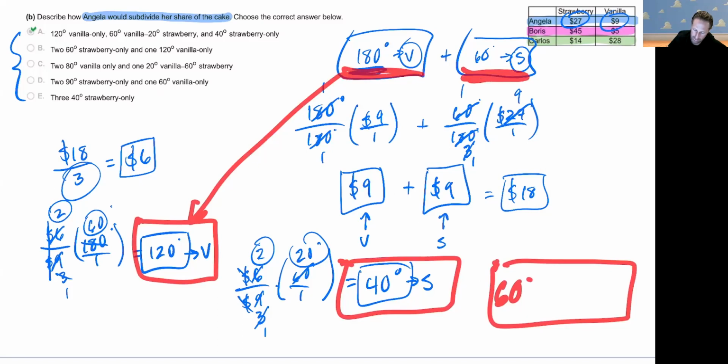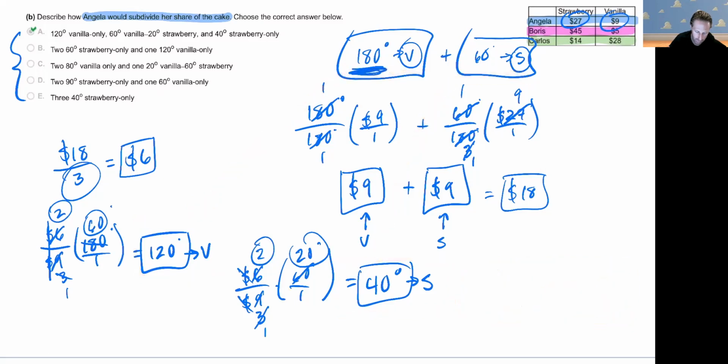And then since we have 60 degrees and we took 40 of the strawberry, it would be plus a 20-degree slice for the strawberry and vanilla, which you can see that would have been part A, that the student that asked this question also was able to figure out.